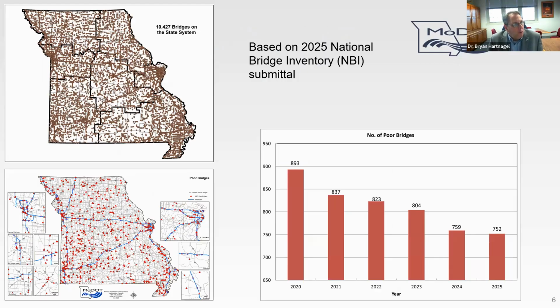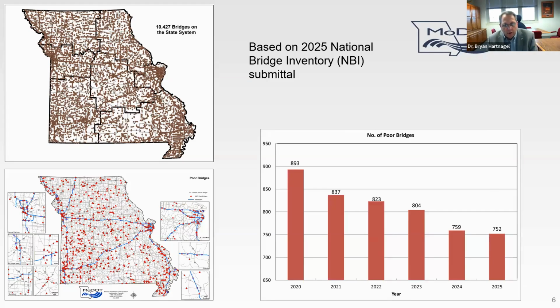We have 10,427 bridges on our state system. And if you look, that's the top left map. And poor condition bridges, we've been focusing on with an asset management approach to reduce the number of poor condition bridges.